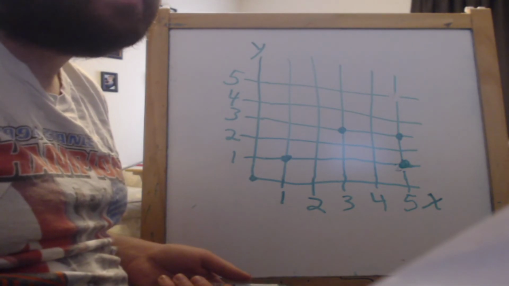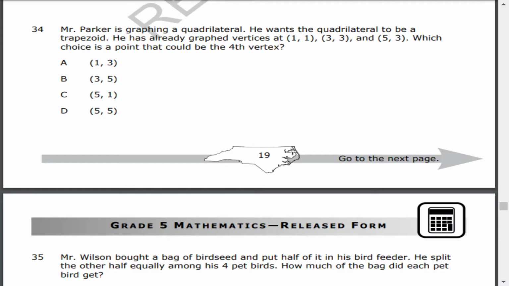So the answer would be C, and really the best thing to do for a question like this is just draw your own coordinates. And I believe they give you graph paper for the EOG, so that makes it super easy to draw coordinates.